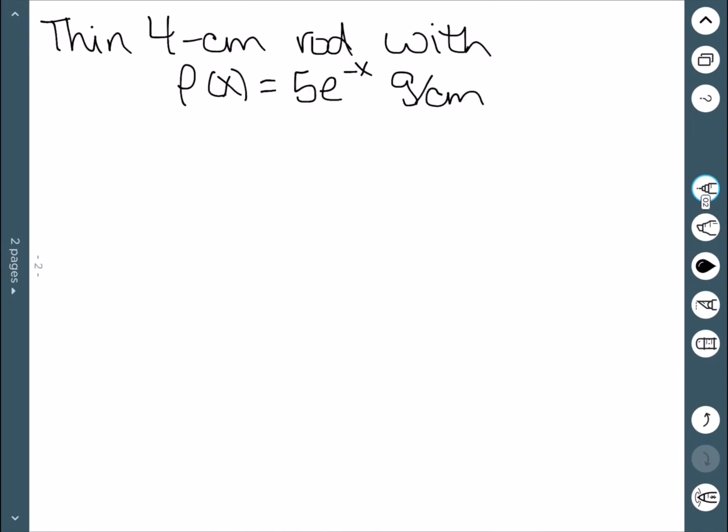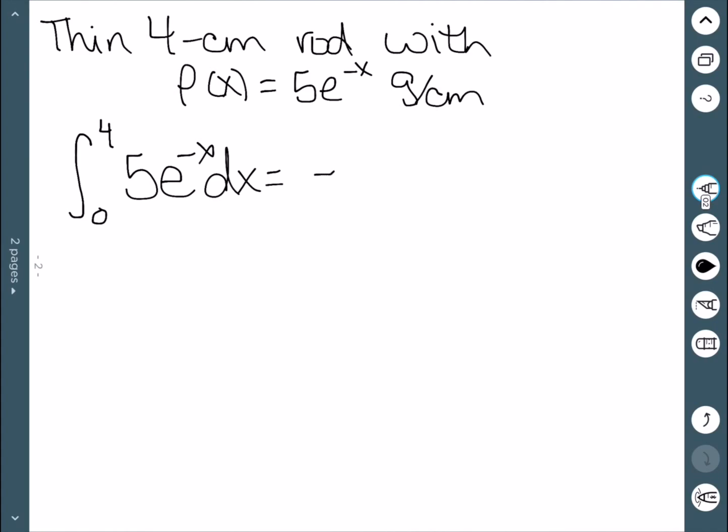For our first example, we're going to try to find the mass of a thin 4 centimeter rod with density function given by 5 e to the minus x. This means we need to integrate from 0 to 4, which comes from the length of the rod. And we need to integrate the density function.